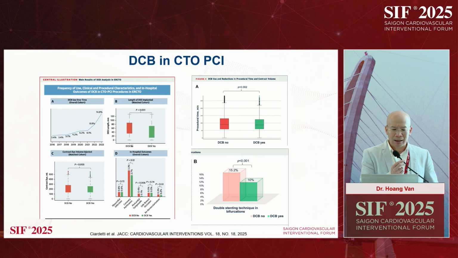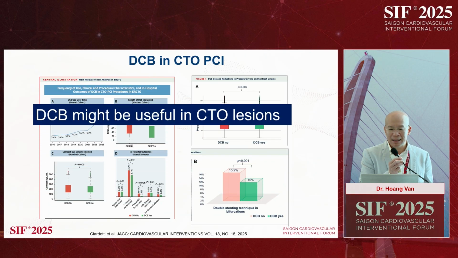The results in the DCB group showed that stent length, contrast volume, pericardial tamponade, perforation and procedure time were much lower compared with the DES group. With bifurcation lesions, the double stent technique was significantly lower in the DCB group than in the DES group. So this might be useful in CTO lesions.